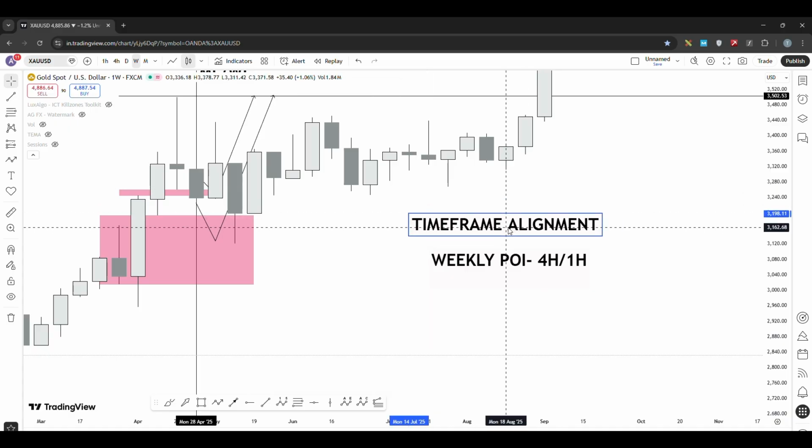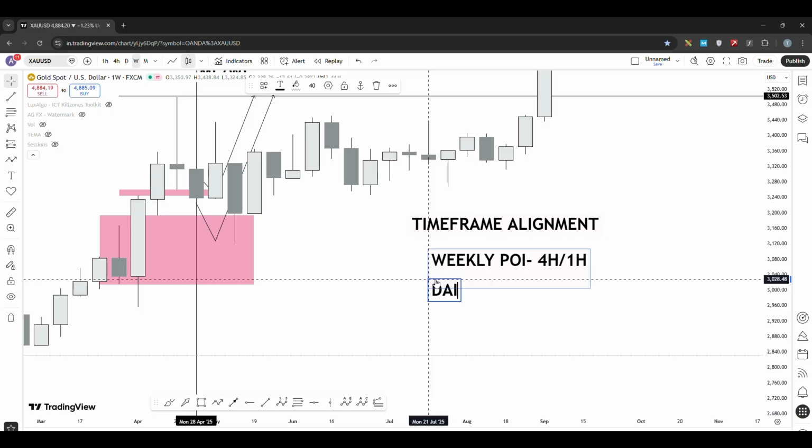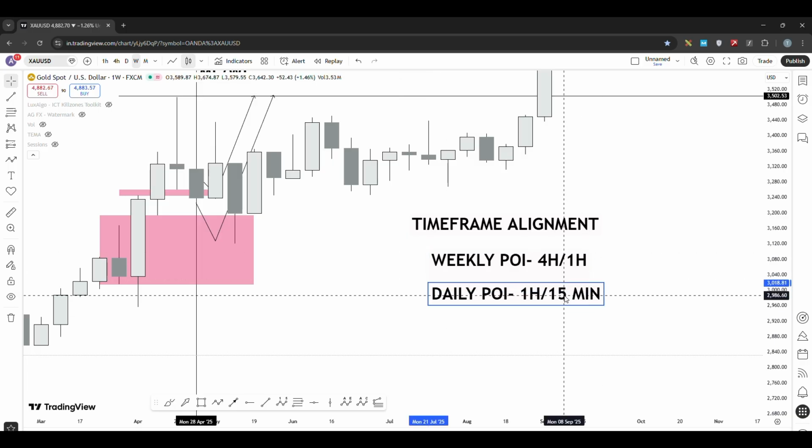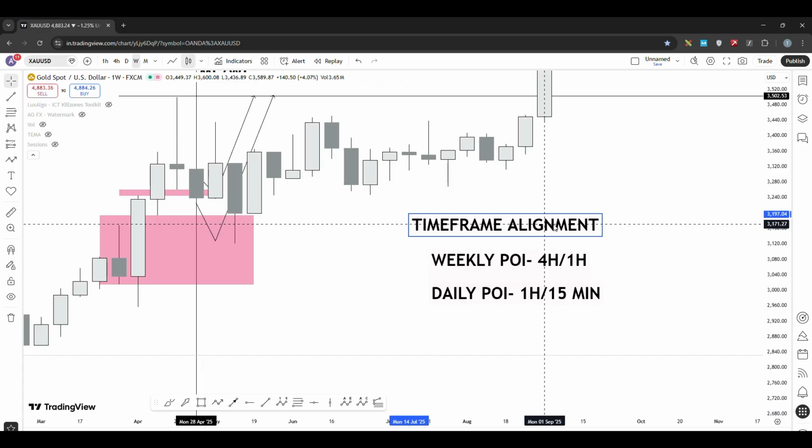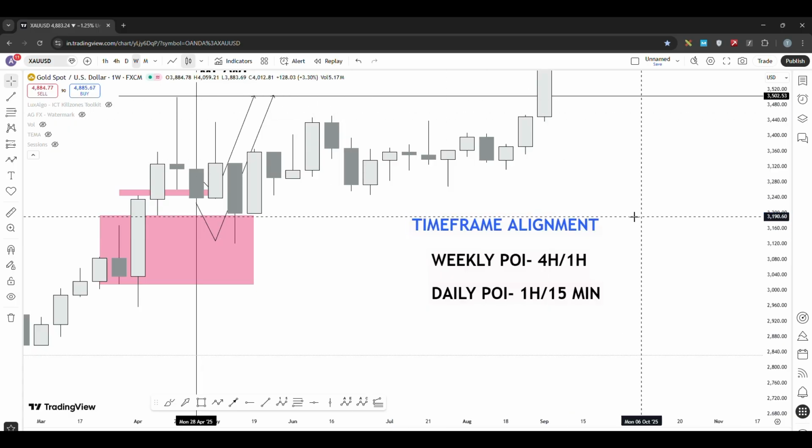Now let's say this is a daily POI. If it's a daily POI, then you will be watching for displacement, or let's say your entry, in the 1-hour time frame, or you can go to one time frame lower at max, which will be the 15-minute time frame and not 30 minutes. So this is what time frame alignment is.